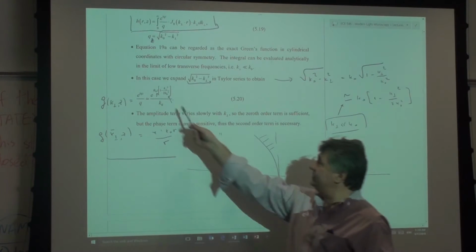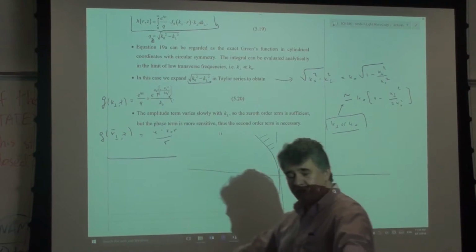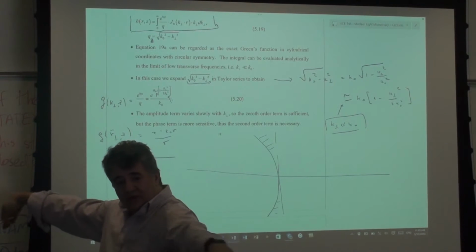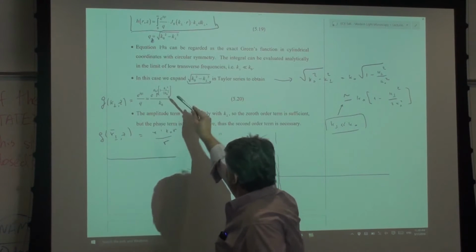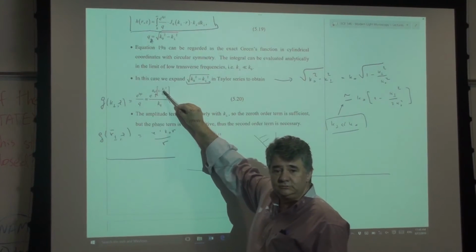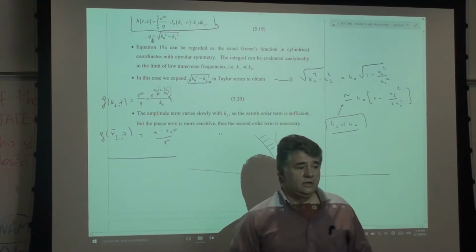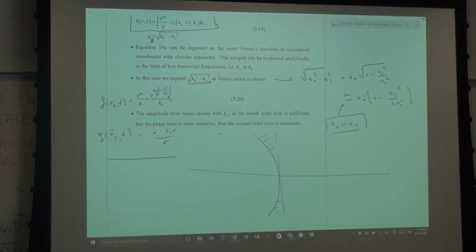So the phase of this field is the phase of a plane wave that advances as k naught, and then on top I have this curvature, either this way or that way. That looks like this. This is a parabola. So again, this is a Fresnel approximation in the k perpendicular domain.